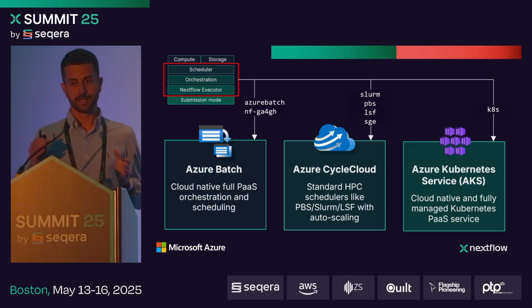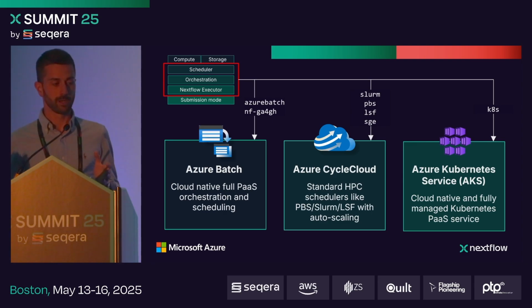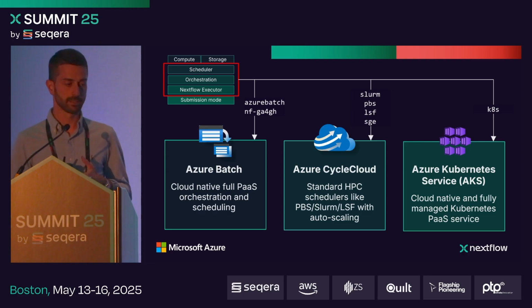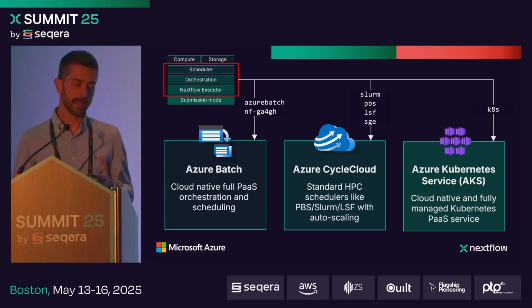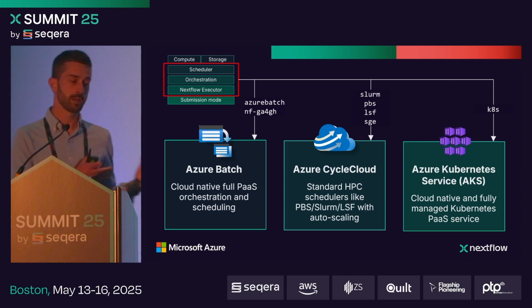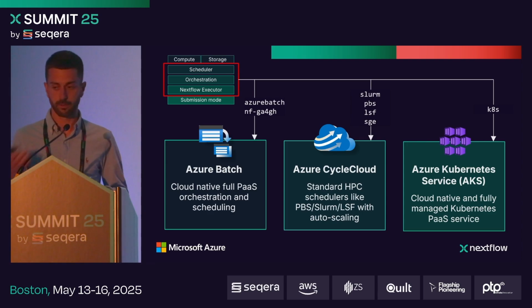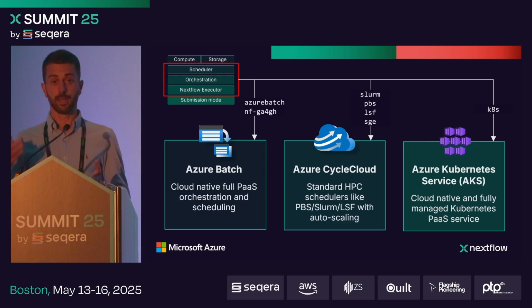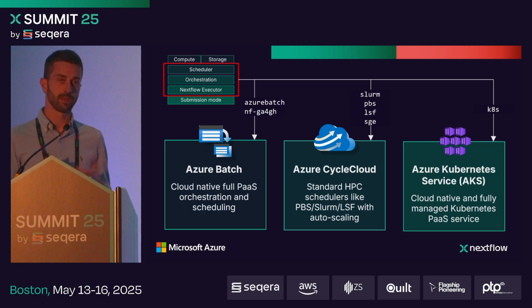There are some cloud-agnostic ones, like Azure Kubernetes Service that can be enabled thanks to the Kubernetes executor. And last, for those organizations that are already using traditional HPC schedulers that can be Slurm, Sun Grid Engine, LSF, the traditional executor can run, and this is very common in bursting mode in the cloud, thanks to a direct connection, for example, to an Azure CycleCloud cluster.